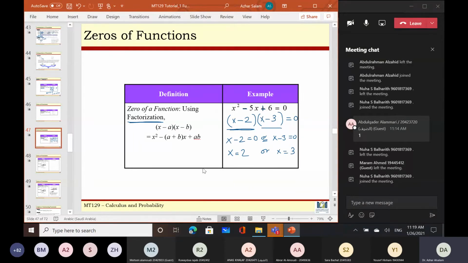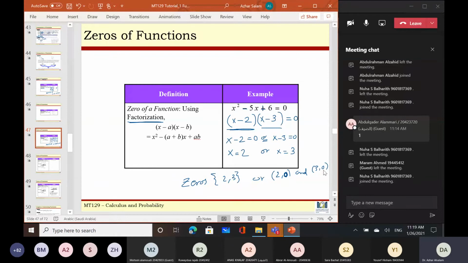These are the zeros of the function. The set of zeros is 2 and 3. Or I can write it as points like (2, 0) and (3, 0). Of course, 0 is the y component. الإحداث الصادي دائما 0, أصفار الدالة.